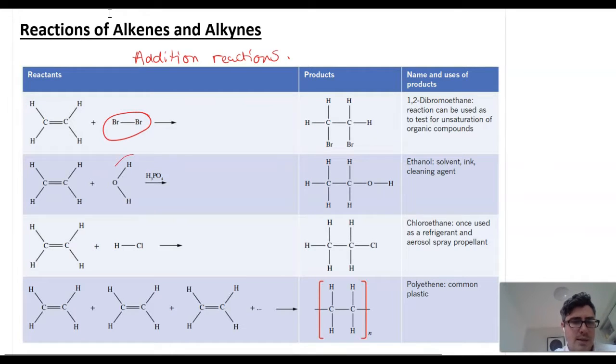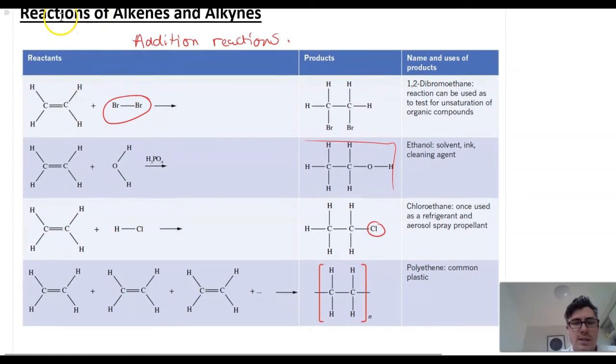If we add water with an acid catalyst, we can turn it into an alcohol. So it easily becomes an alcohol. This is ethanol now. If we add HCl, we can make it into a chloroalkane. So similar to the first reaction, but this is using HCl instead.